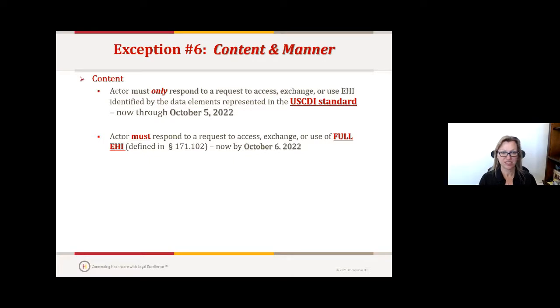So as crazy as this might look in implementation, if you get a request for EHI, say the entire record, you are only required to respond to that request with the US CDI subset. You would not be in violation of the rule if you hold back certain information that does not fall within the US CDI subset. So that's how the content exception applies there.